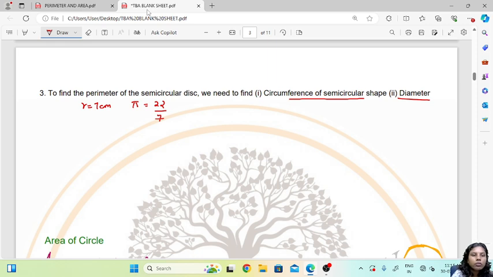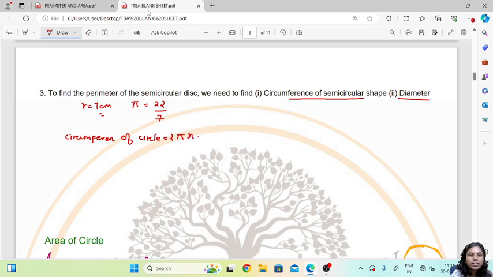Now initially what we were taking for circumference of circle was pi d. In this case we will take the radius formula because we are given the radius here. So 2 pi r.